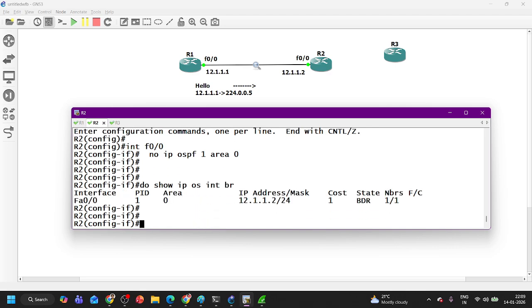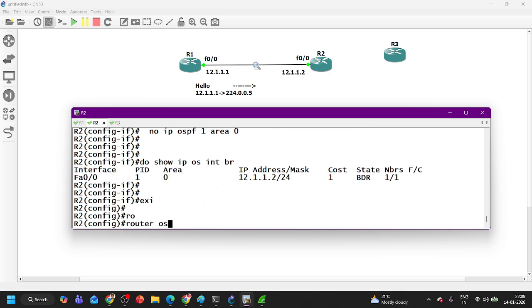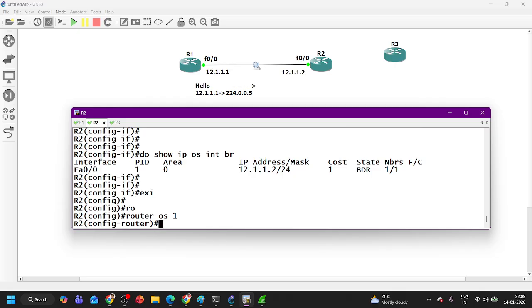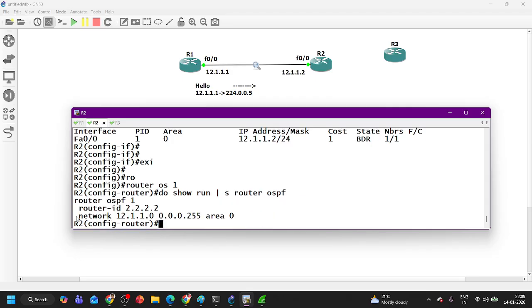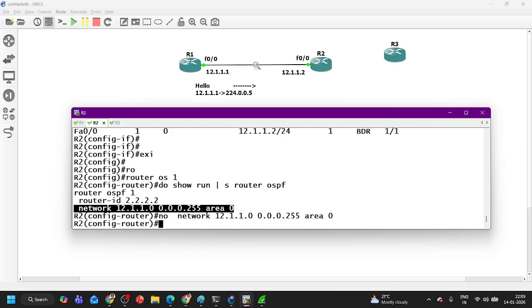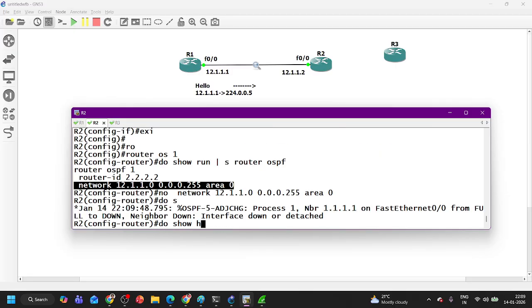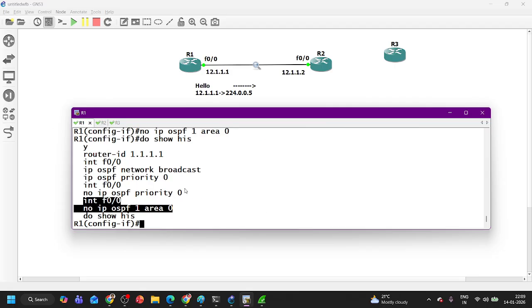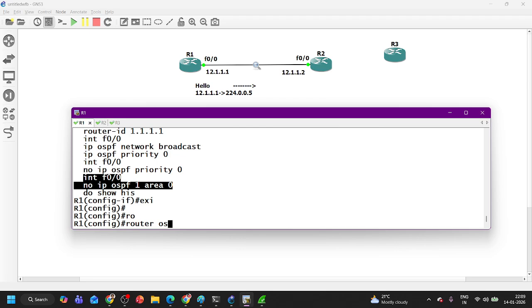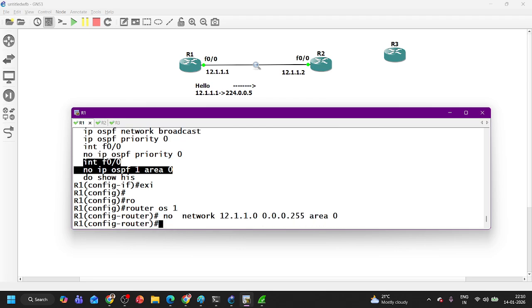OSPF is still enabled. Do one thing, router OSPF 1, I think a network command is running. Show run section router OSPF, and under OSPF you have enabled this command. Say no to this. Show history, and here also say no to this on router number 1. Router OSPF 1 and no.